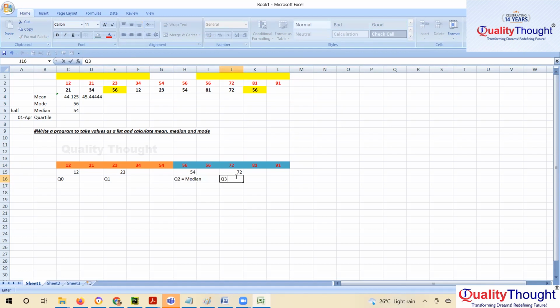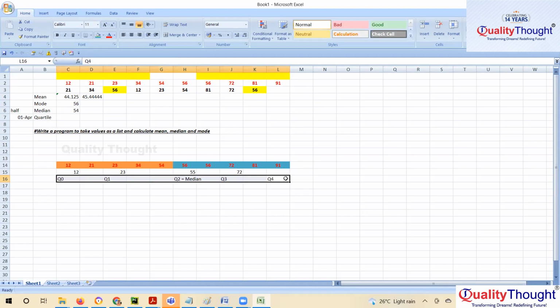Quartile 3 means the number that is dividing the data set into 3/4 and 1/4. 55 is your quartile 2, and quartile 3 is 72, and your quartile 4 is your maximum value. So quartile 0 means minimum value, quartile 4 means maximum value.